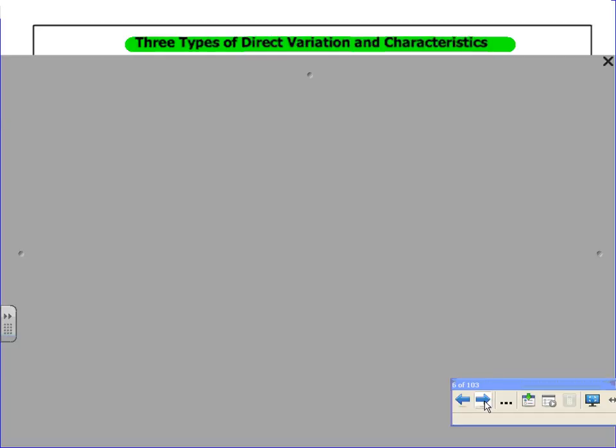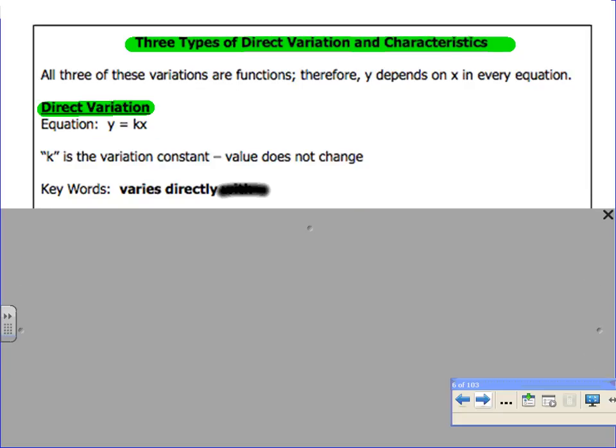All right, now this is something I added in from your book. There are 3 types of direct variation and characteristics. So there's some things you need to fill in. The first one is direct variation. So the equation is y equals kx. K is the variation constant. The value does not change.